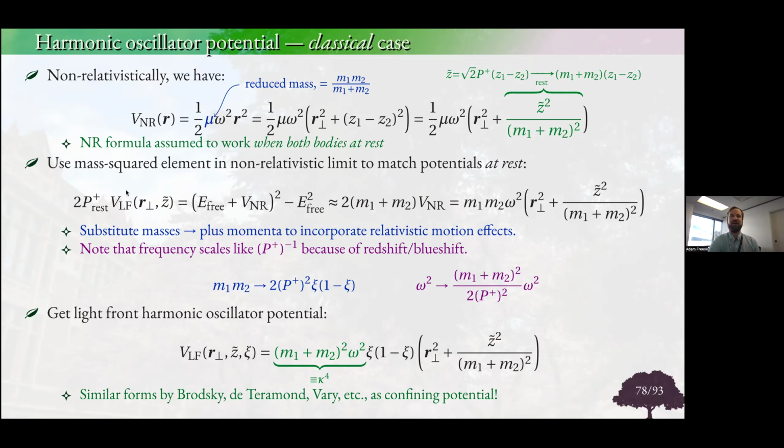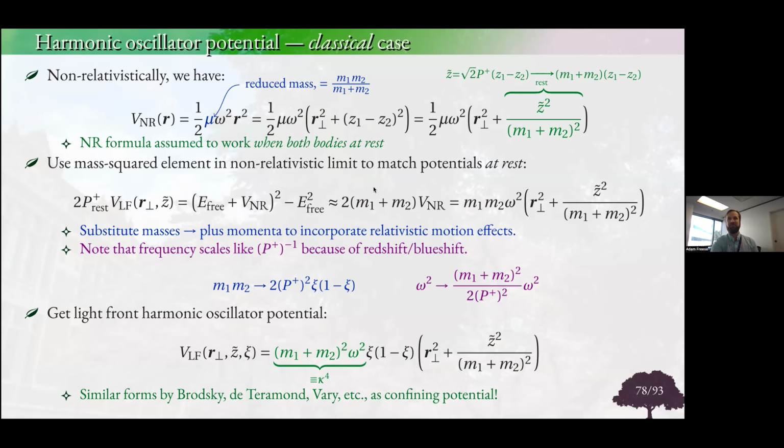Actually, that should probably be P minus potential, but because we typically absorb the P plus into light front, that's fine. So if we subtract off P perp squared, it's going to be your Lorentz invariant quantity, your mass squared of your system, but we're assuming that everything's at rest, so big P perp squared is 0. So this should be equal to the instant form expression of the free energy, assuming that there's no interactions, plus the non-relativistic potential squared minus E free squared, because we're not including the free P minus here.